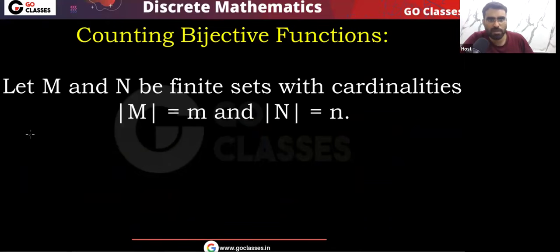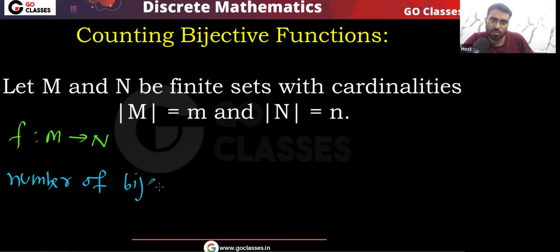So now tell me, what will be the number of bijective functions from m to n? So how many bijections can you create?